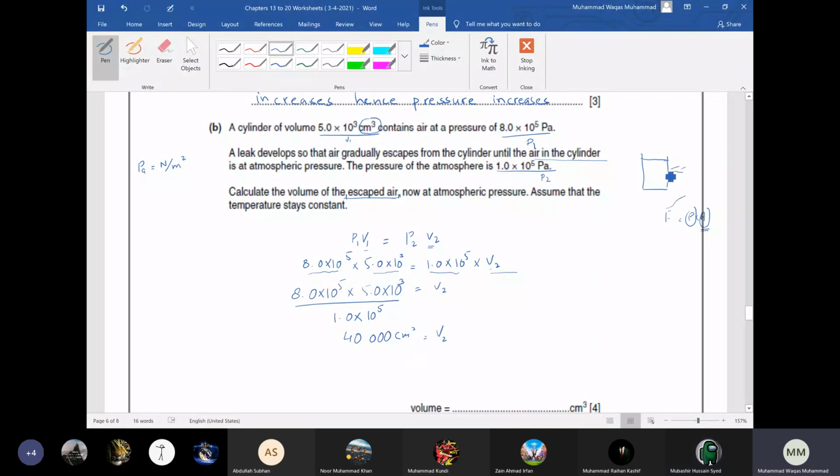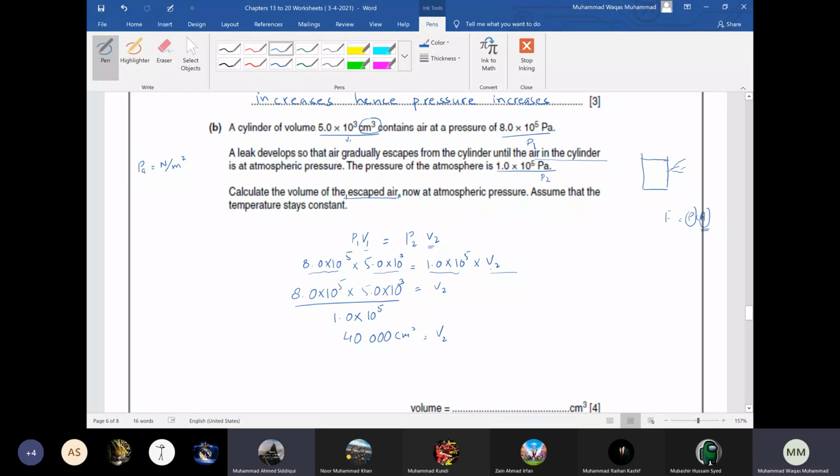There would be some left. It will leave until the pressure inside the cylinder is equal to the outside, which is atmospheric pressure, right or wrong? So obviously there would be some air still left in the cylinder, right or wrong? Yes, sir.